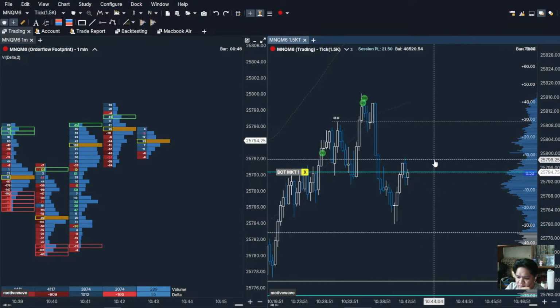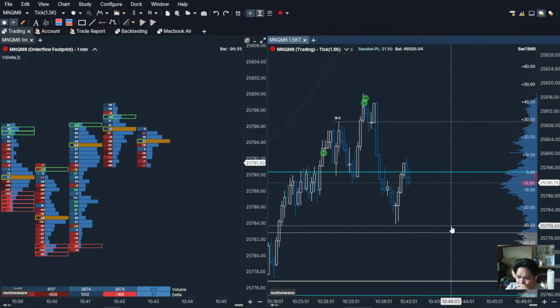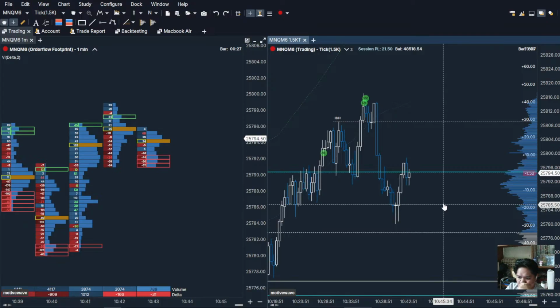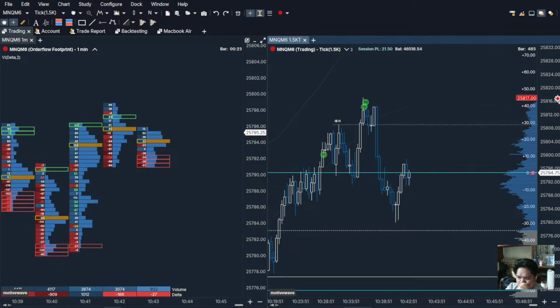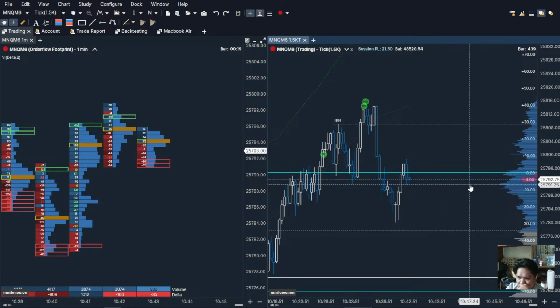Close above that. If we can close above that, close above.